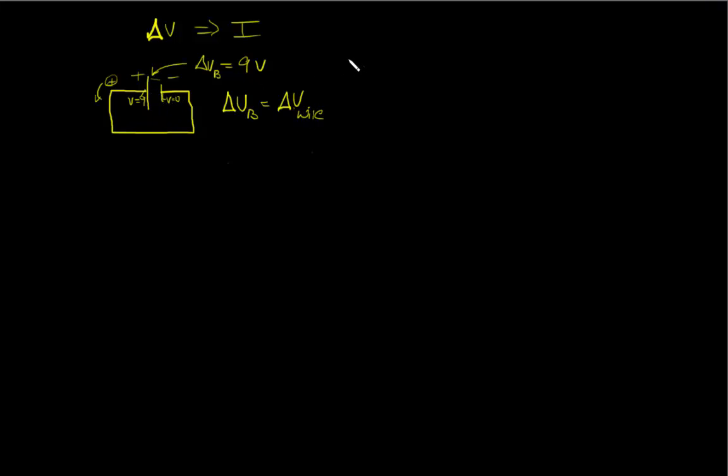And this is key. The battery supplies potential difference. Now, an analogy would be that at the positive terminal we have high potential, and so the current wants to flow down into the negative side.